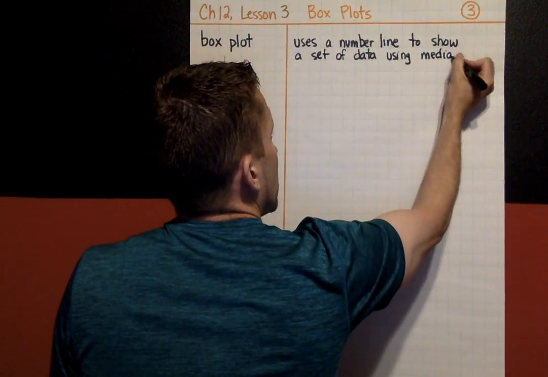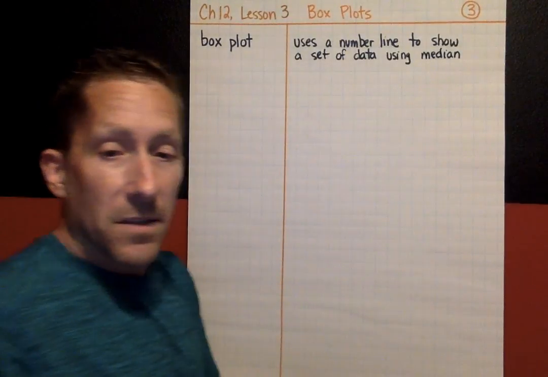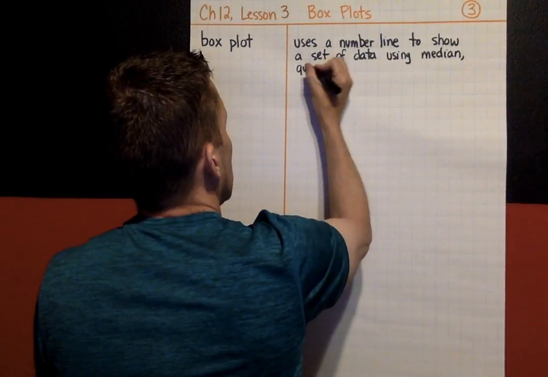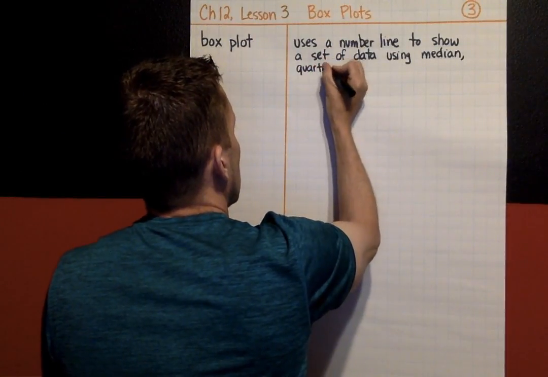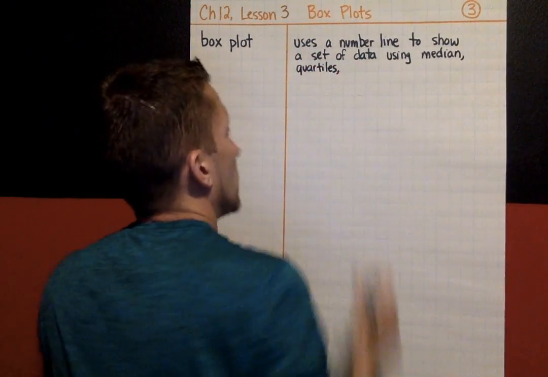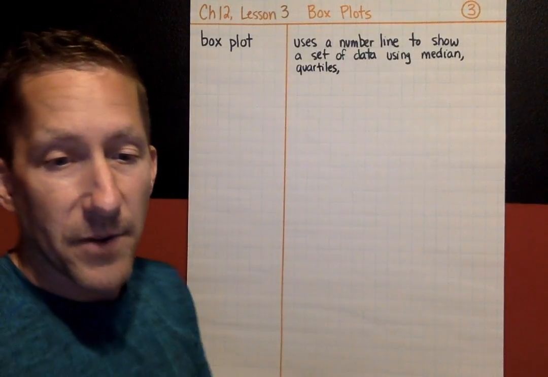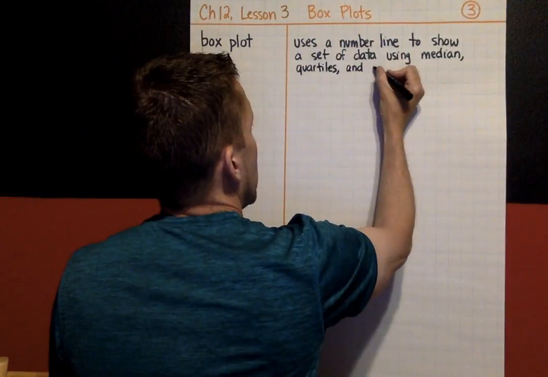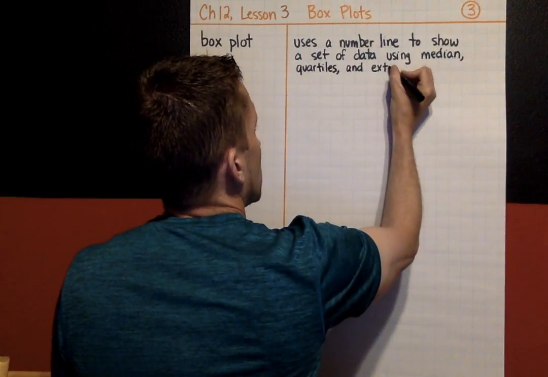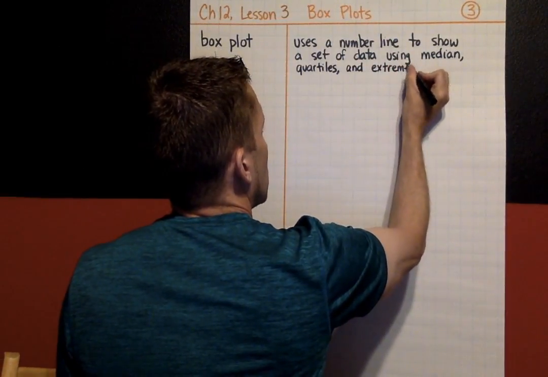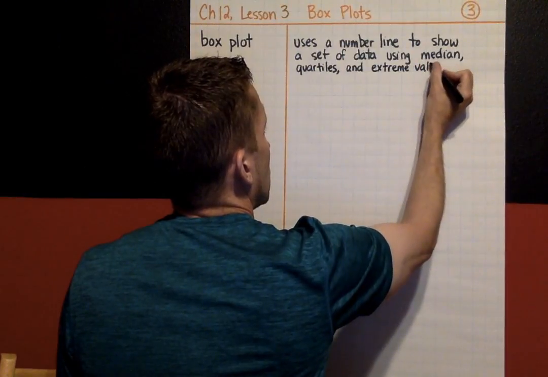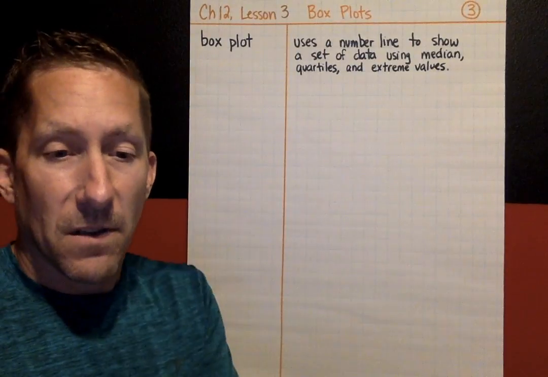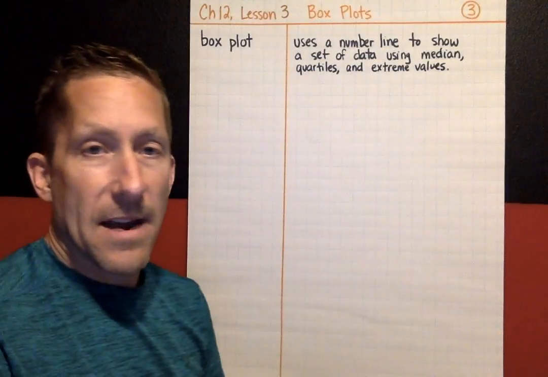You know how to find the median. It uses the median, the quartiles, so that's quartile 1 and quartile 3, and extreme values. So it shows the high value, the low value, and also outliers.